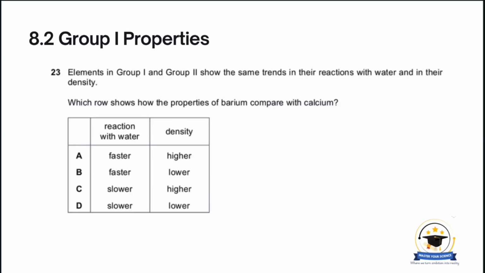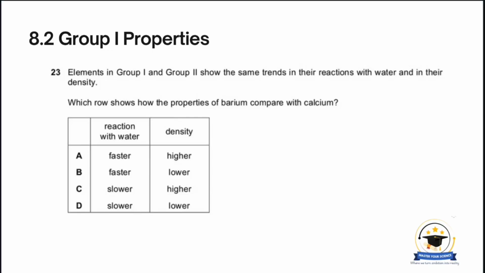Then next question says elements in group 1 and group 2 show the same trends in their reactions with water and in their density. Which row shows how the properties of barium compare with calcium? And so barium is further down the group compared to calcium.